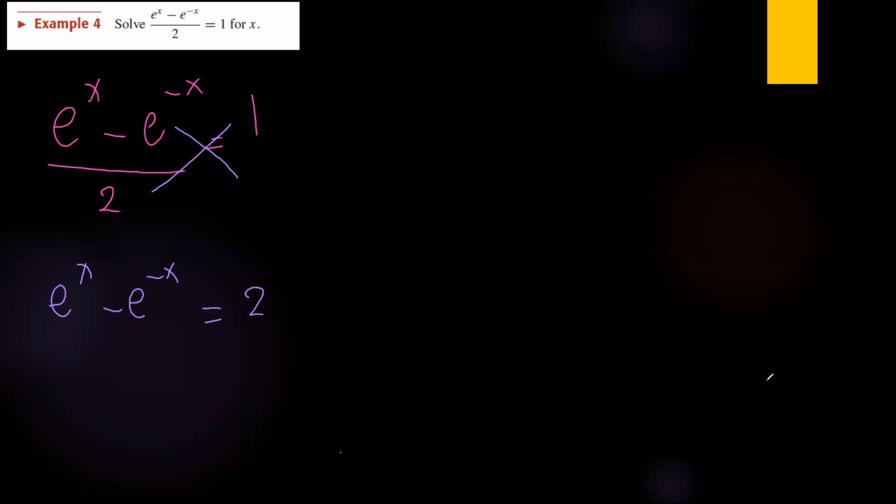Then the second step, I want now to try to solve it. Here we have e to the power negative x, so I can write it as 1 over e to the power x. And first here we have e to the power x. These are equal to 2.